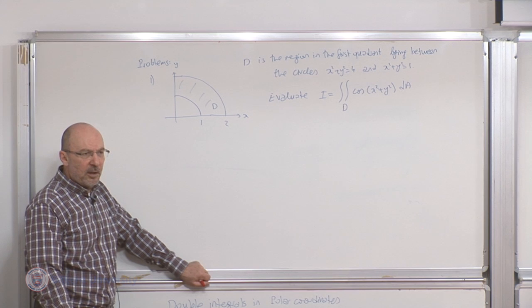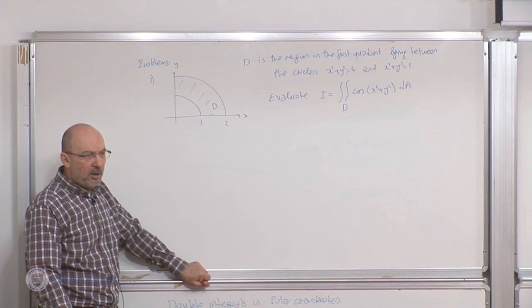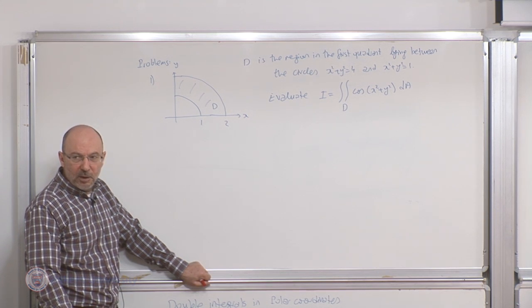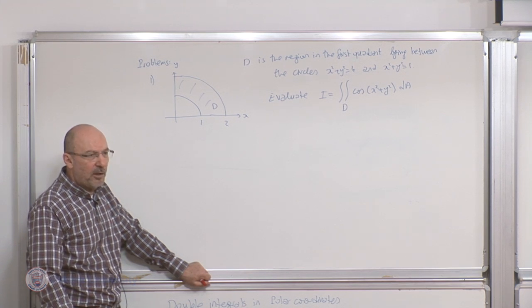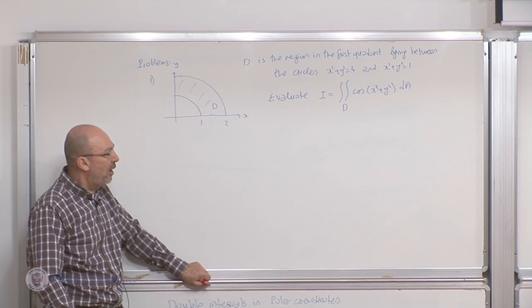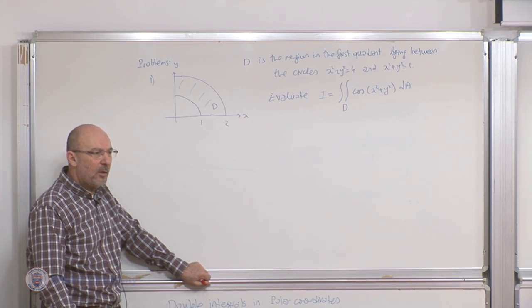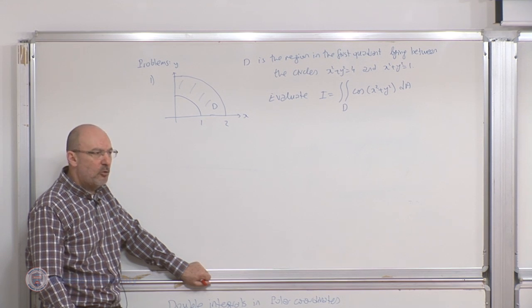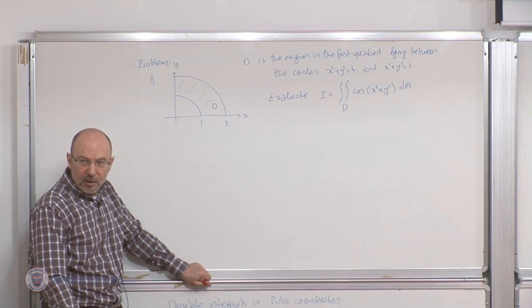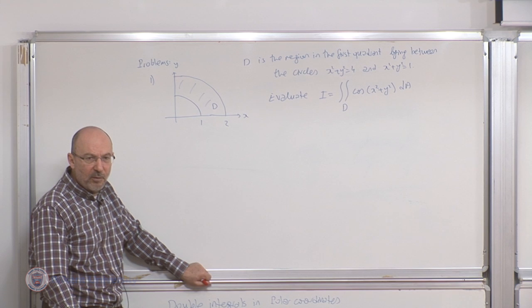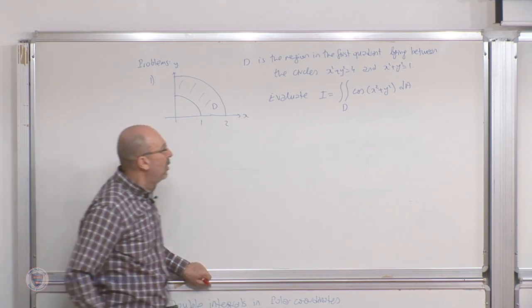So you see that dA will be either dx dy or dy dx, but in either case, we don't have an elementary formula for the antiderivative of this with respect to x or with respect to y. So these are the cases where we are tempted to pass to polar coordinates. These x squared plus y squared expressions do occur very frequently in engineering and science, and polar coordinates is one way to deal with them.